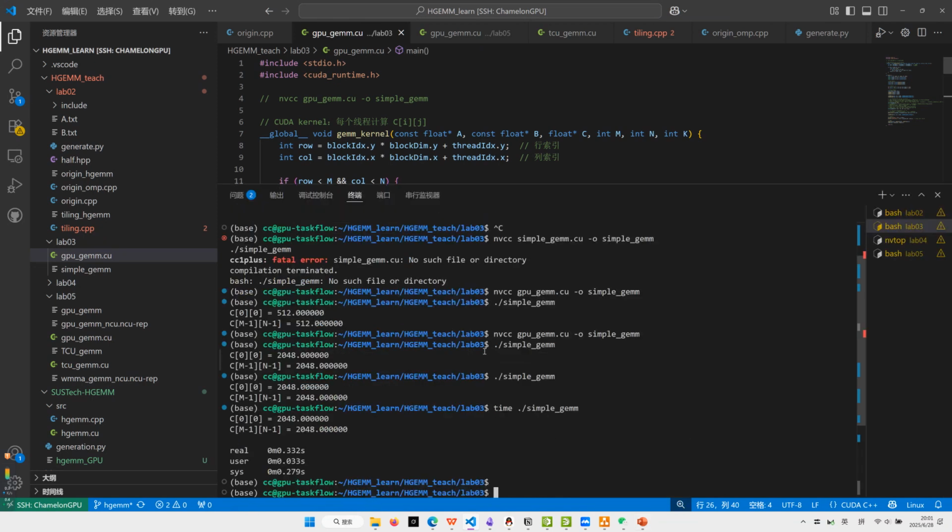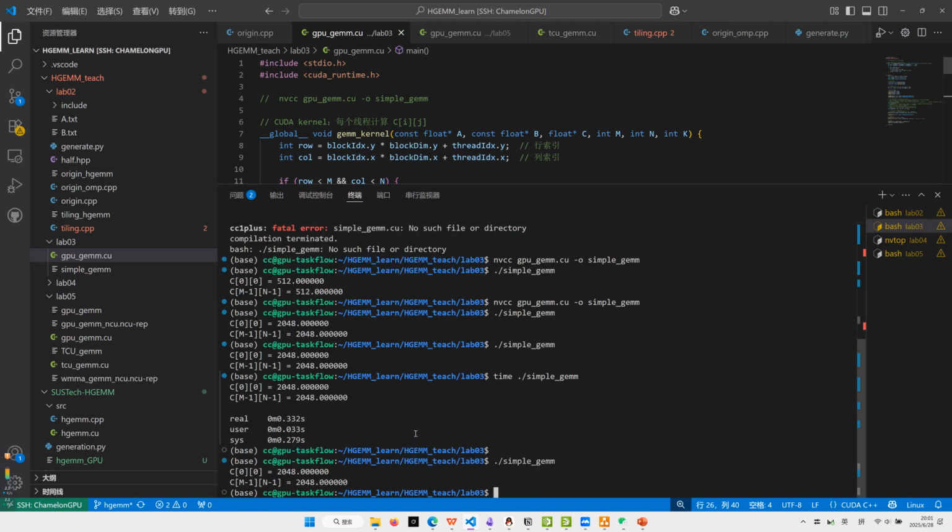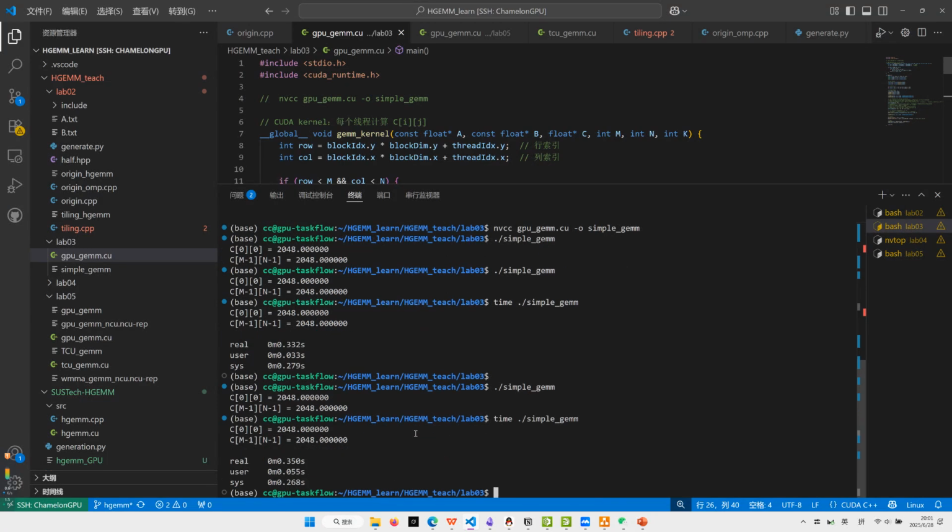By doing that, you can see how fast the simple GEMM is. Oh, that is so fast. You can use the time to see how fast it is. That would be about 300 microseconds, I would say.